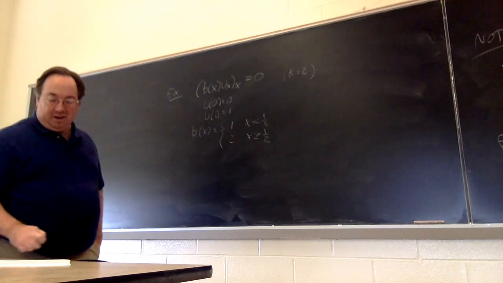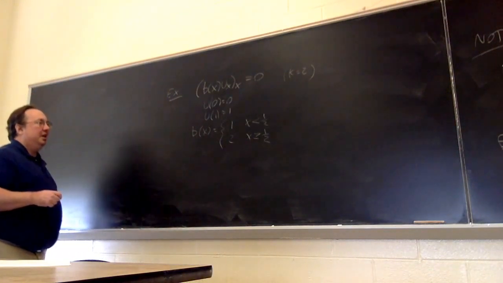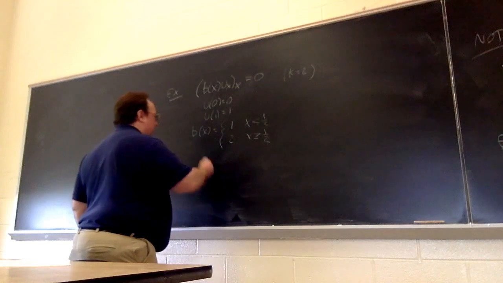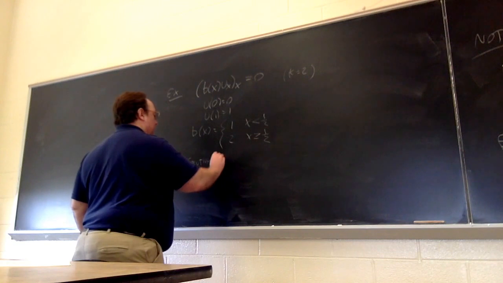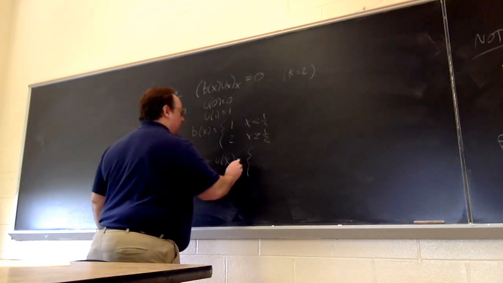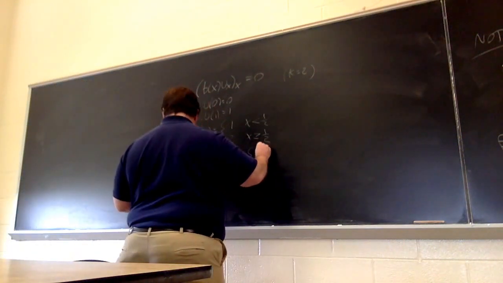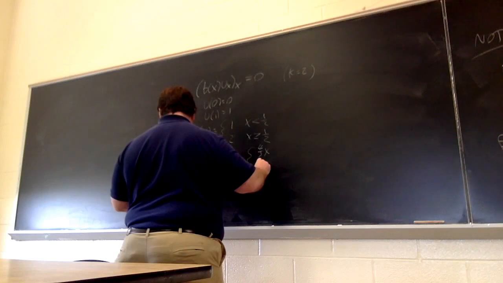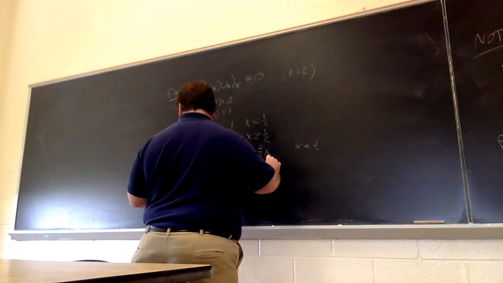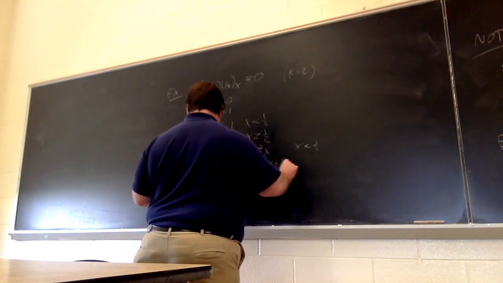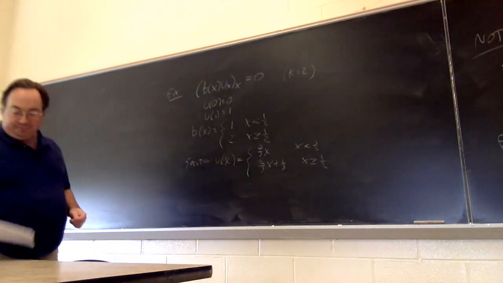Okay, so it turns out you can figure out the solution to this by integration, and since the coefficient is piecewise defined, the solution is too, and you get 4/3 x for x less than 1/2, and 2/3 x plus 1/3 for x greater or equal to 1/2.